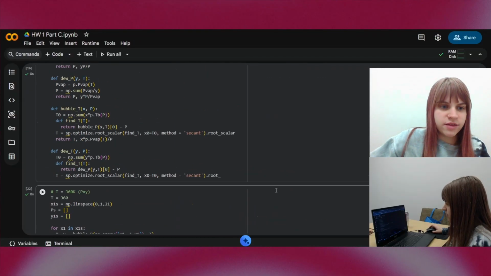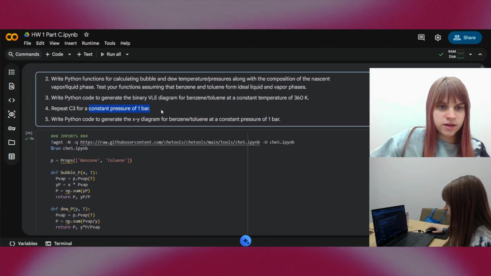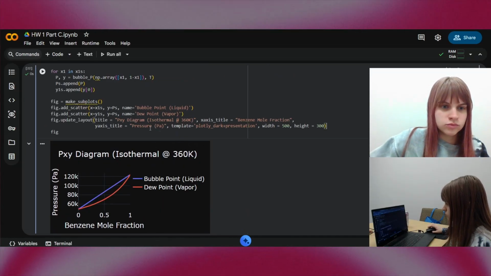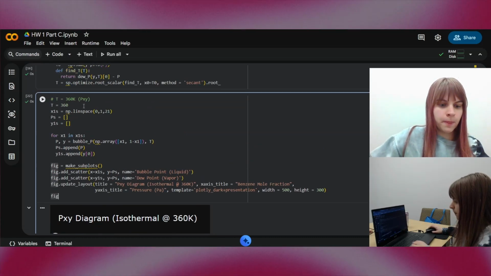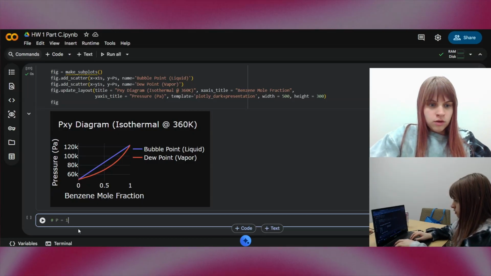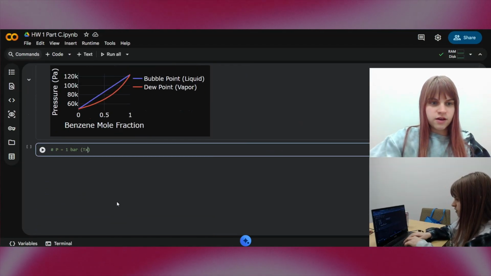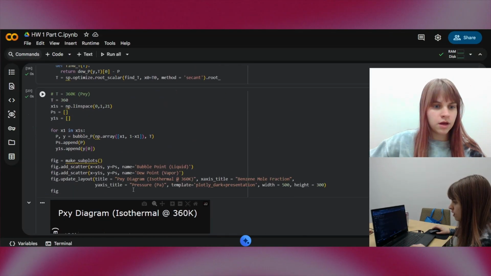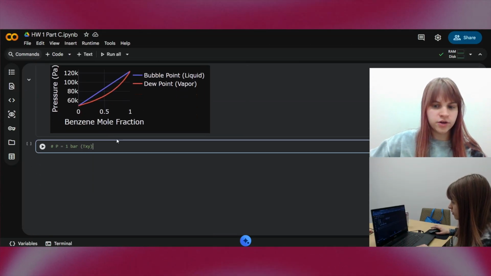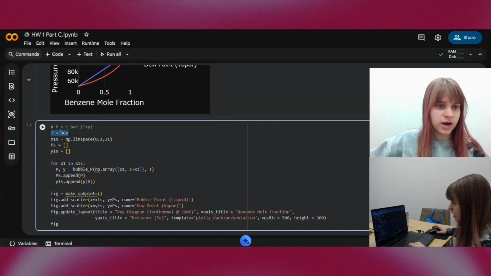And now I believe we need to do our TXY diagram. So the TXY diagram is at a constant pressure of 1 bar. We are doing a TXY diagram. So I'm actually going to copy and paste the PXY diagram code, and I'll just change it where I need to.